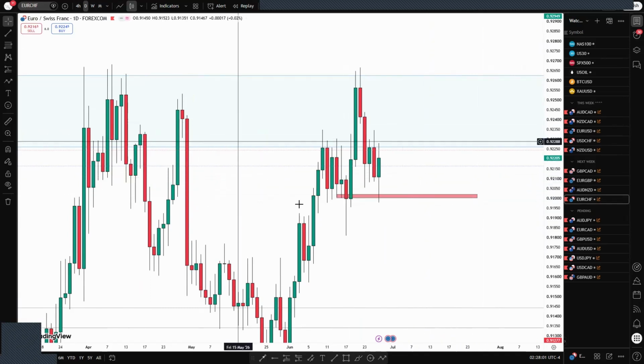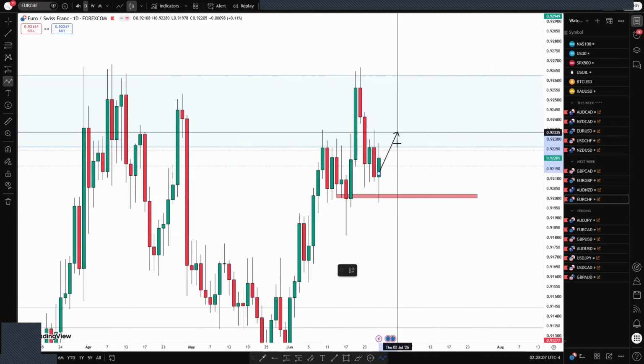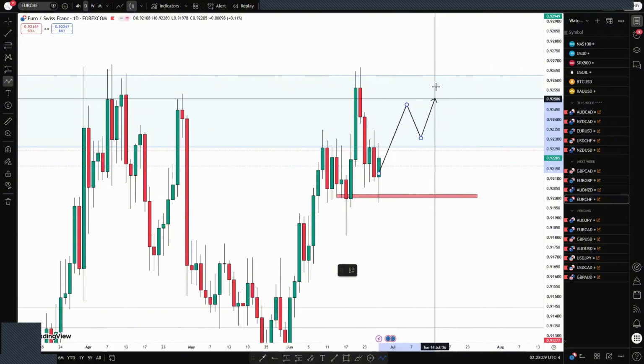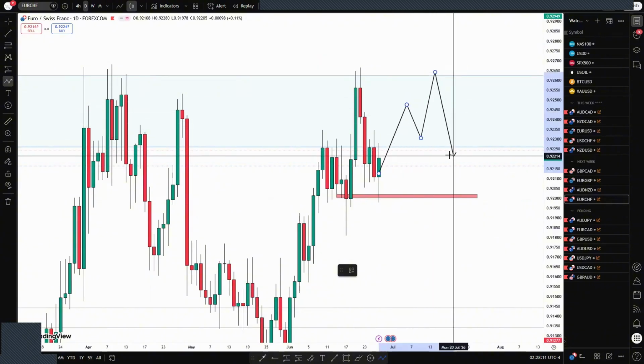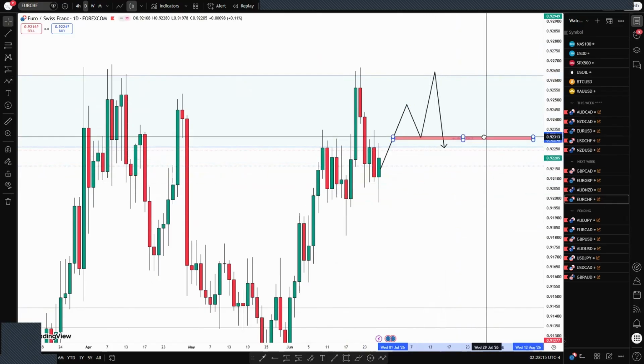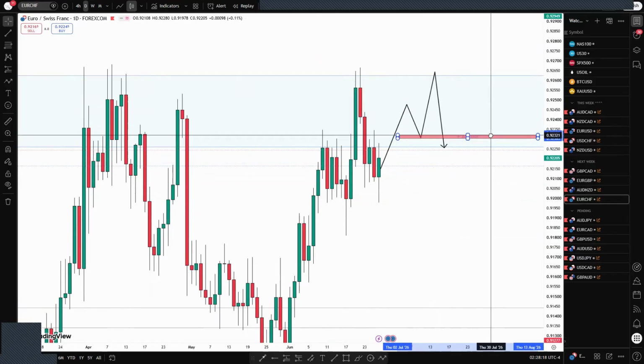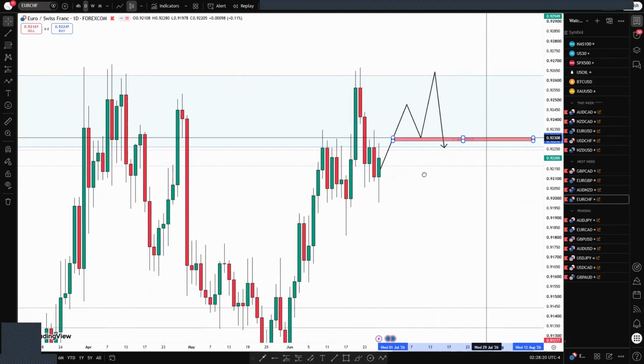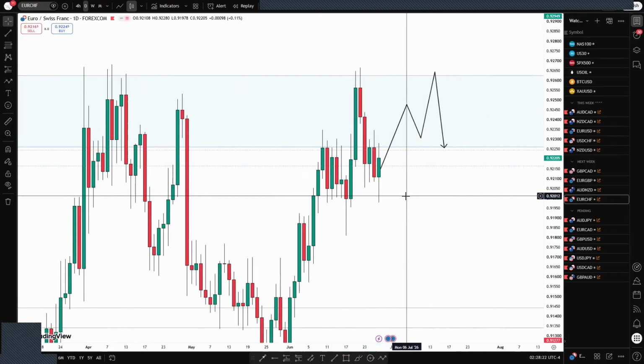Because in this case for Euro CHF, I need price to make a new higher high, so the daily can shift at my OG level. You see? So I can at least be selling at this point, not this level. You see?